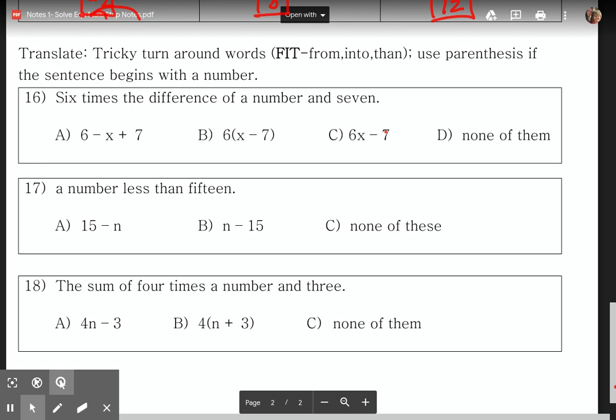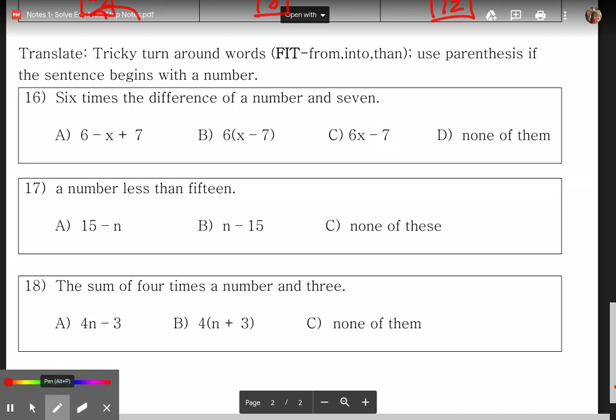You need to reverse the order that the sentence is listed if one of those tricky turnaround words is there. Also, another thing is you're going to use parentheses if the sentence begins with a number. So I will address that when I get to that, such as on number 16.